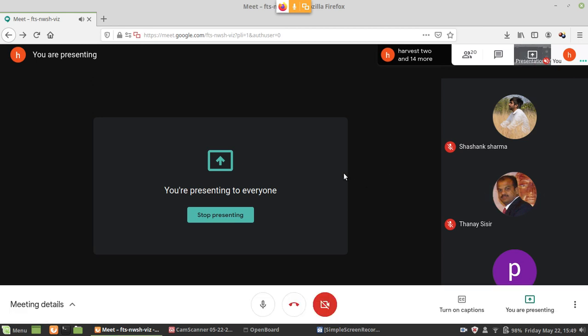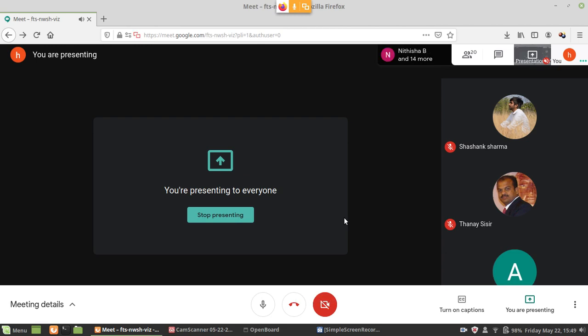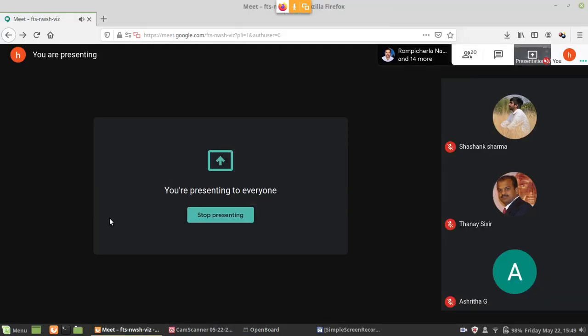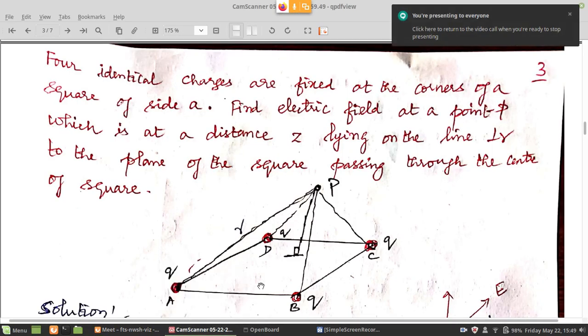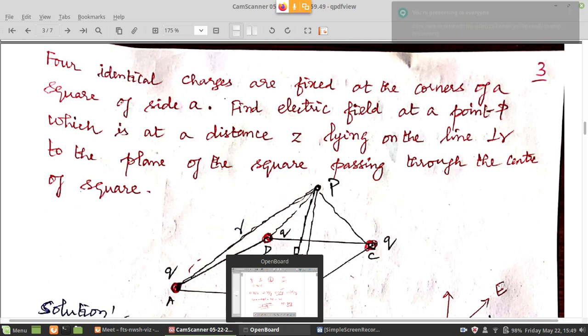Any suggestions from anybody? Z is the distance from the plane of the square to the point P.